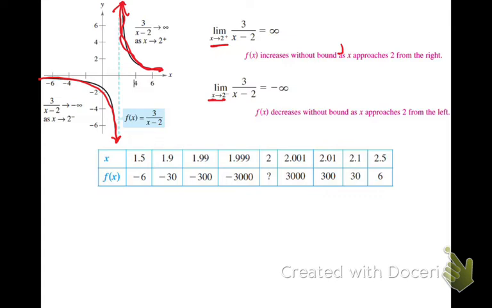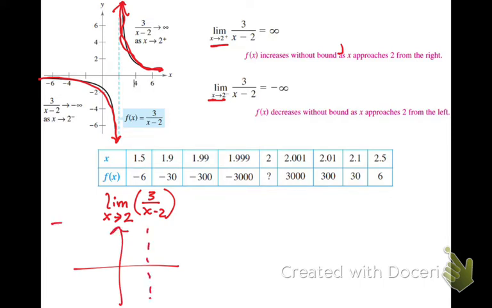So if I ask you what is the limit at 2 of 3 over x minus 2, you'd plug in 2 and you get 3 over 0, and so that would not give you enough of a solution. So you would say, well, I have an asymptote at 2, so let me check negative 4 and 4.